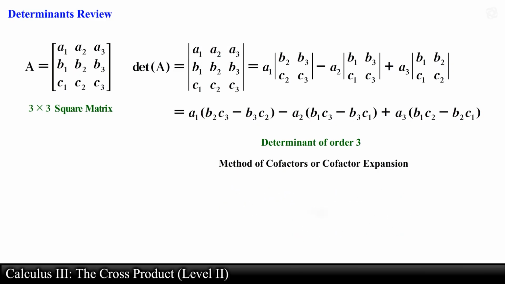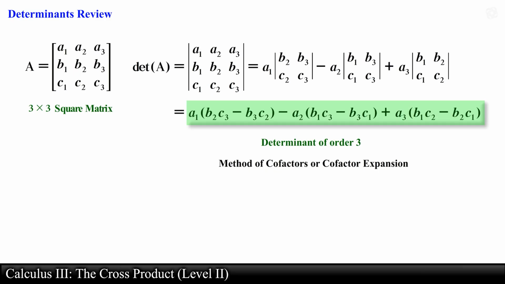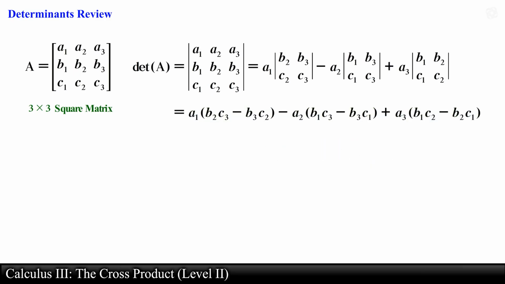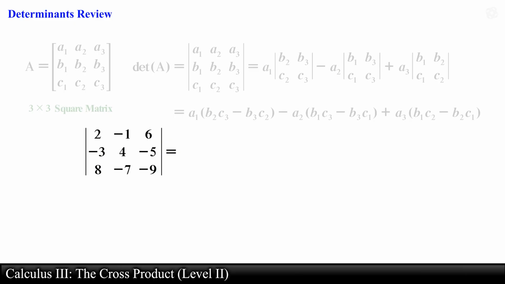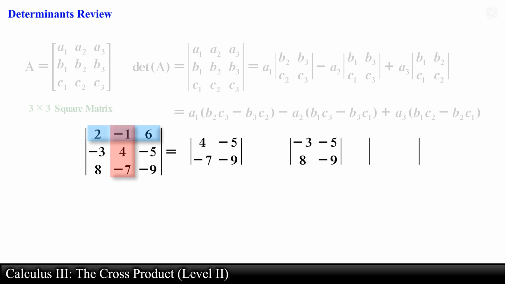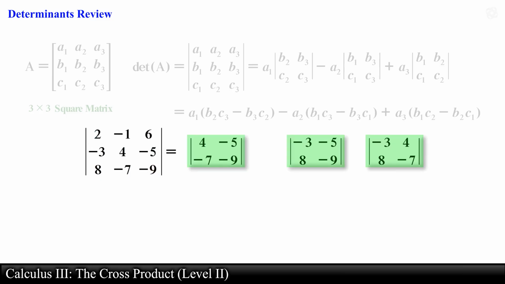In the end, a determinant of order 3 can be found by using the following expression. For example, the determinant of the following 3x3 square matrix can be found as follows. We first find our 3 minors via cofactor expansion of the first row. Doing that, we obtain the following 2x2 matrices.